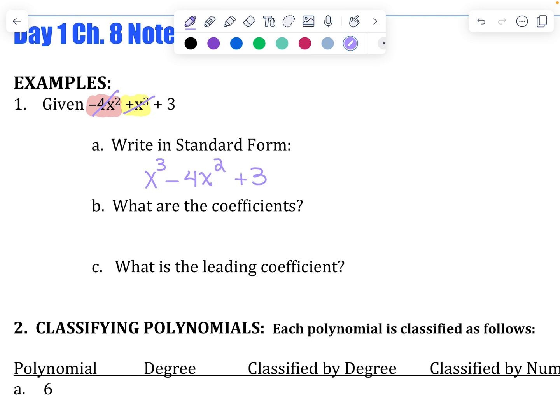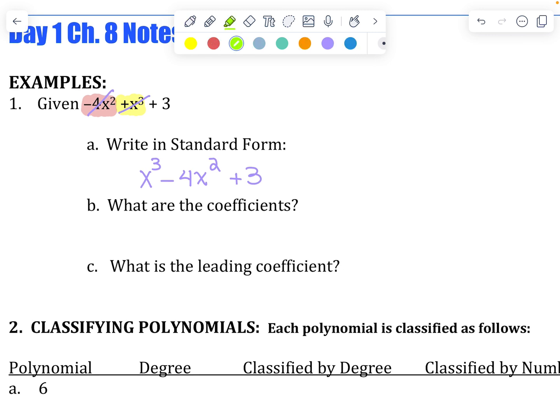Now, if we look at coefficients, remember, coefficients are the numbers in front of every variable you see. So I for sure see -4, because that's in front of the x squared. So I know that -4 is a coefficient. But there's also a coefficient in front of the x to the third.